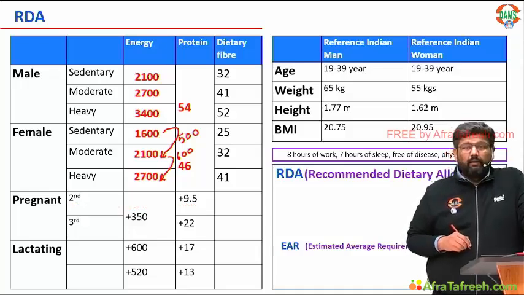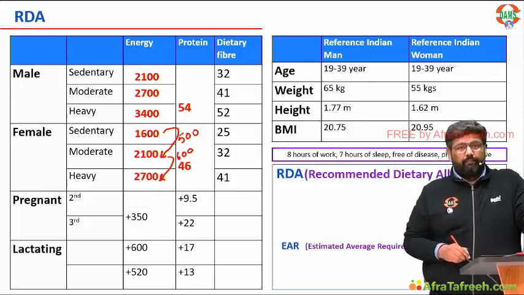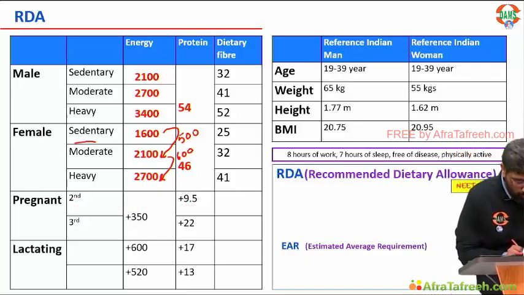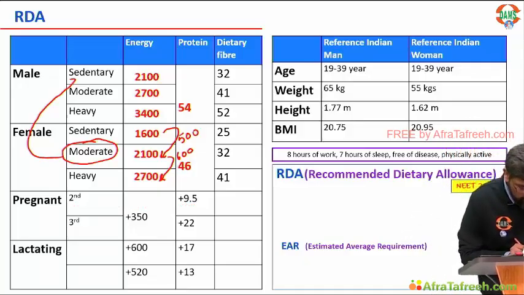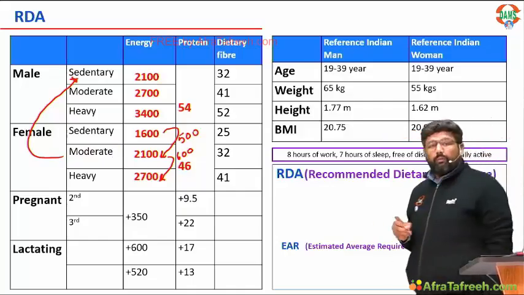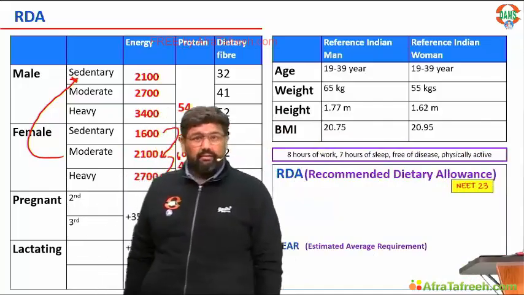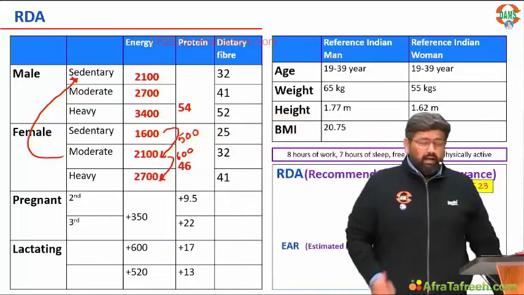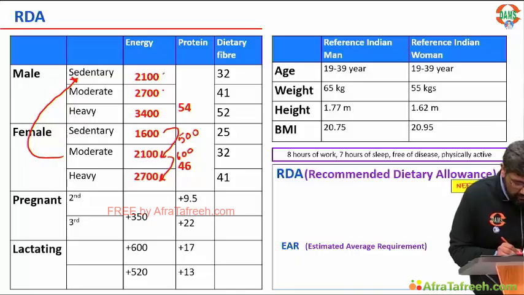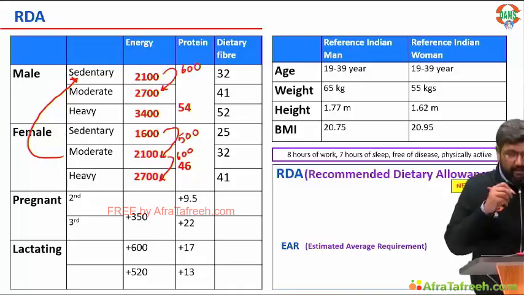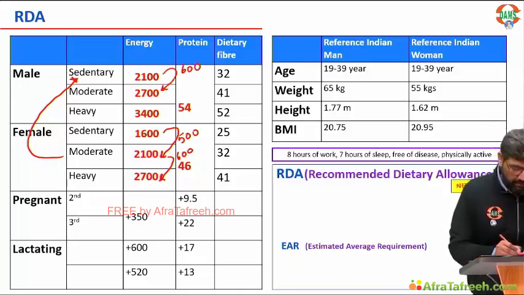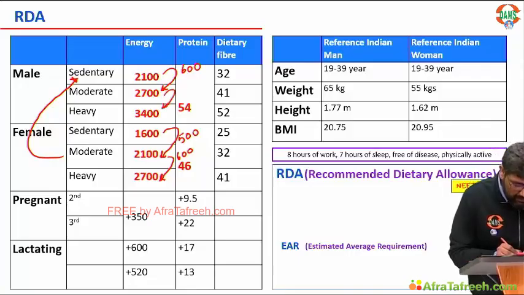You add 600 for heavy. And a sedentary male requires similar energy as a moderate female. That is 2100. Again, if I add 600, 2700, and now I will add 700.